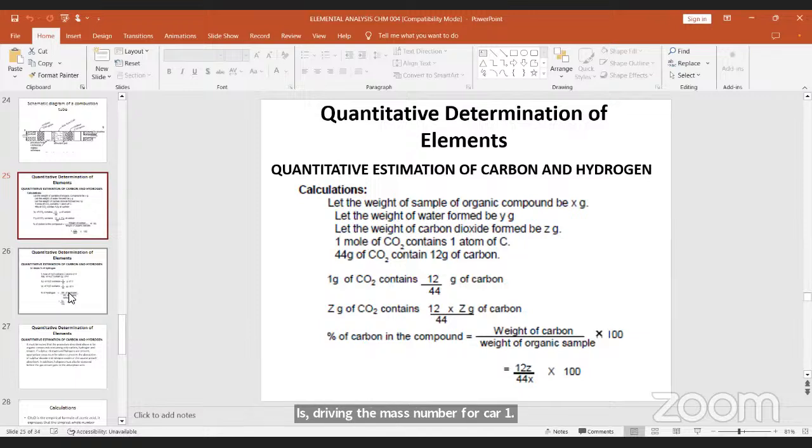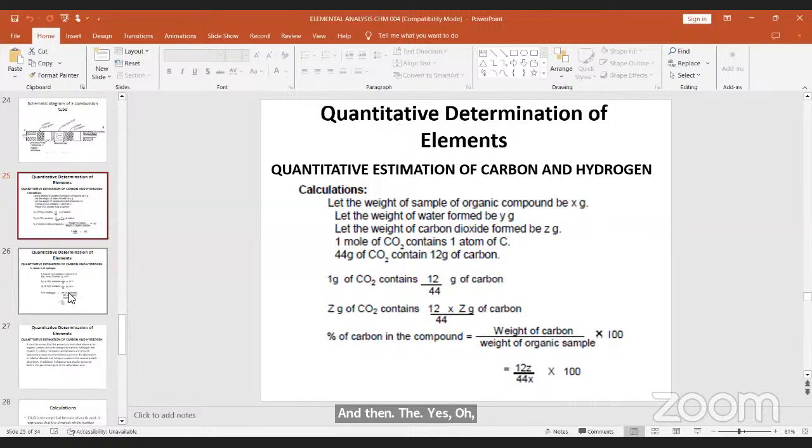So the simple ratio is just like saying 44 grams of carbon dioxide contains 12 grams of carbon. Therefore, Z gram of the carbon dioxide will contain what?